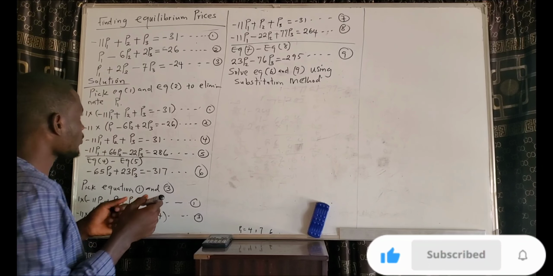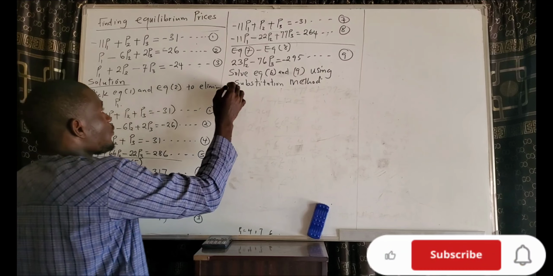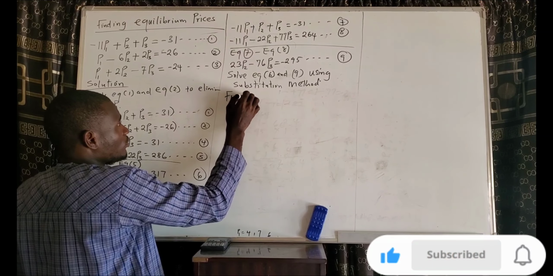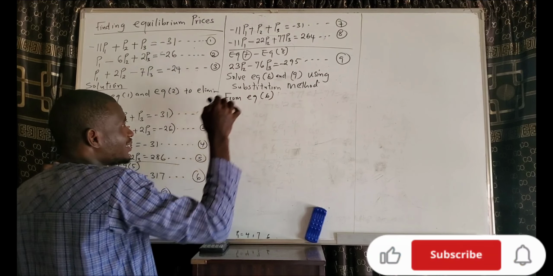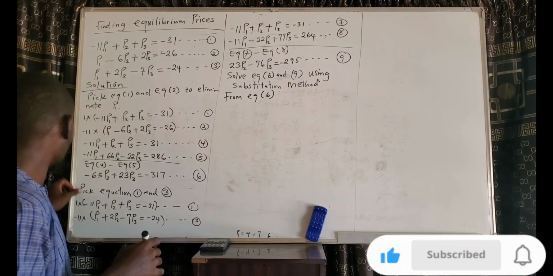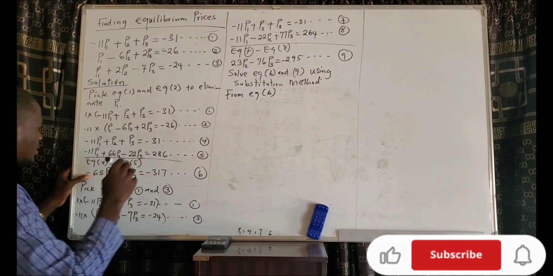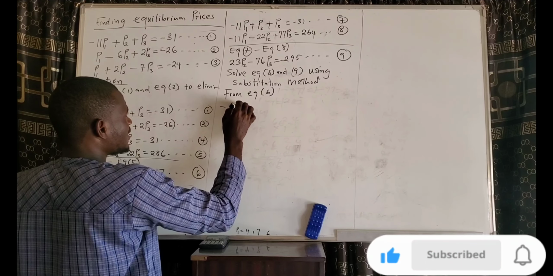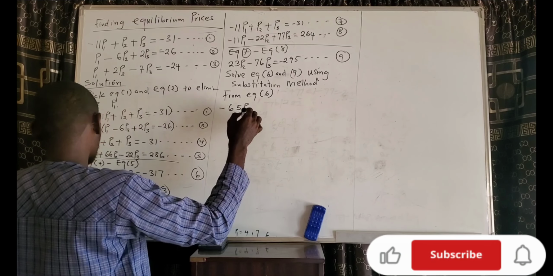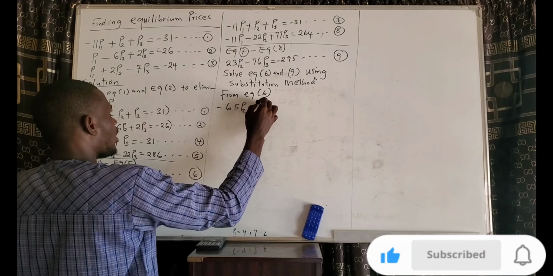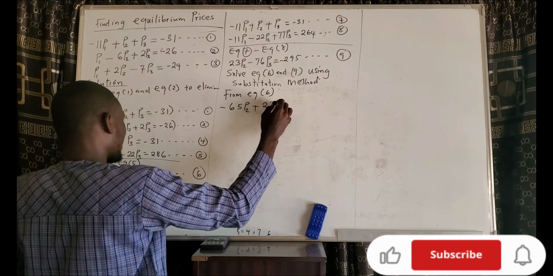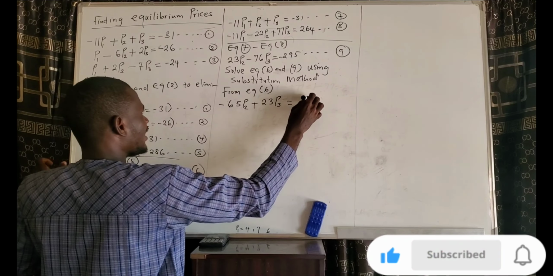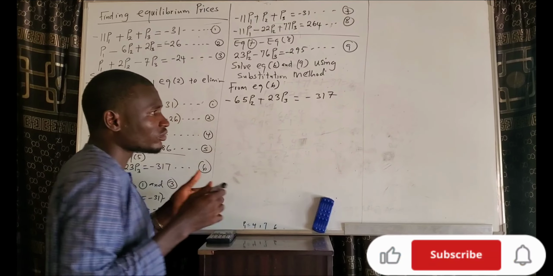So from equation 6, this is equation 6, you have negative 65p2 plus 23p3 equal to negative 317.